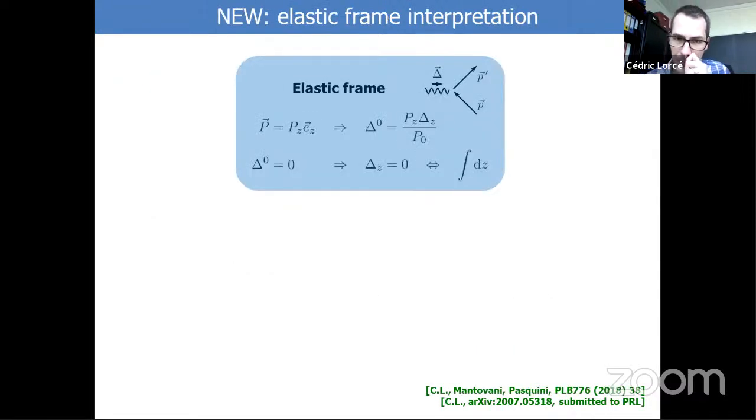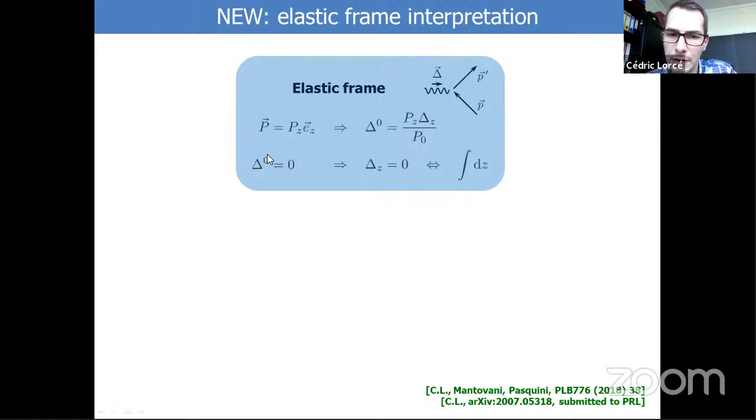And so you can define a density for any momentum. That's what we call the elastic frame. Basically, we choose the axis such that the momentum is in the z direction, so it doesn't restrict anything. Then you can relate the energy transfer to the momentum transfer and the average momentum and the average energy.